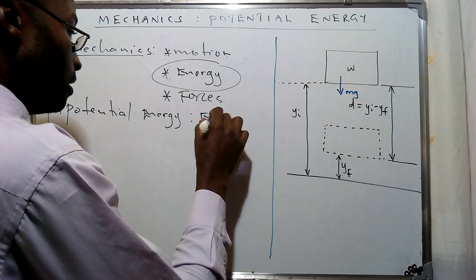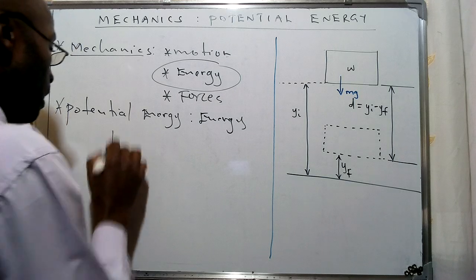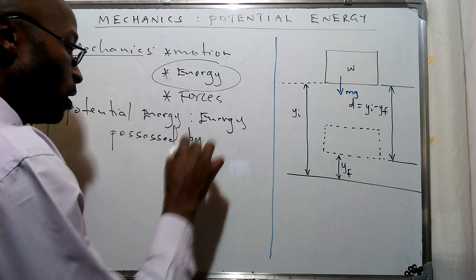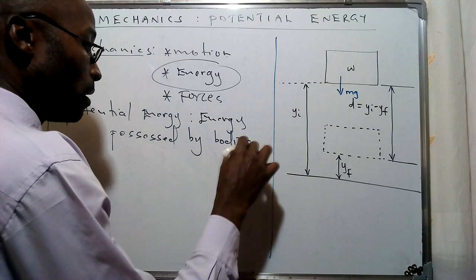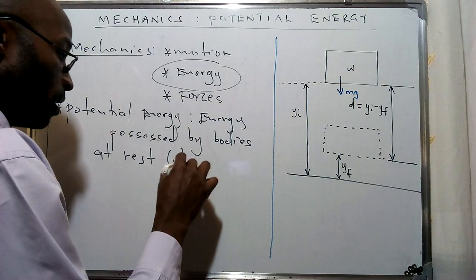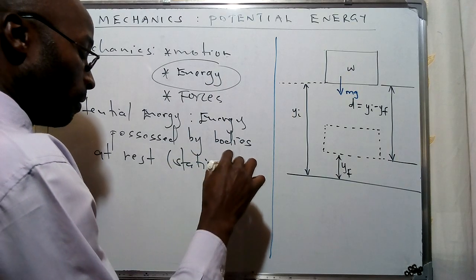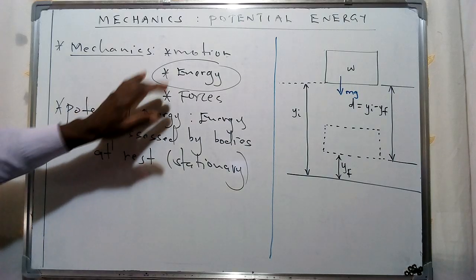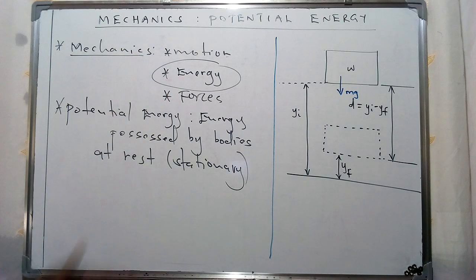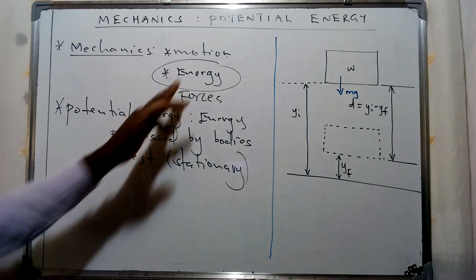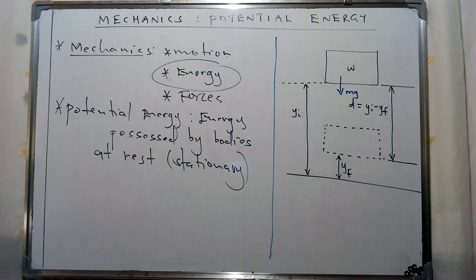So this is basically the energy possessed by bodies which are at rest, or sometimes we can regard these bodies as stationary in this specific case. So we're going to look at the forces which are going to be involved in this particular case, and how we can describe some of the aspects of energies which are going to be possessed by these specific bodies which are at rest.